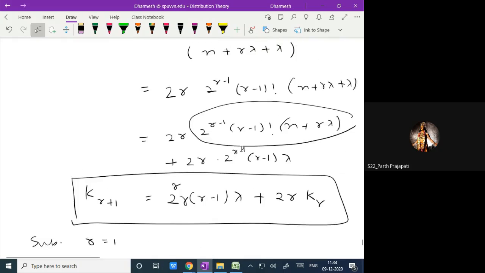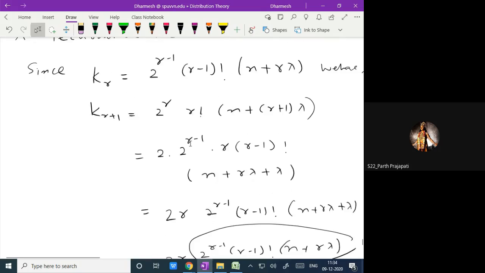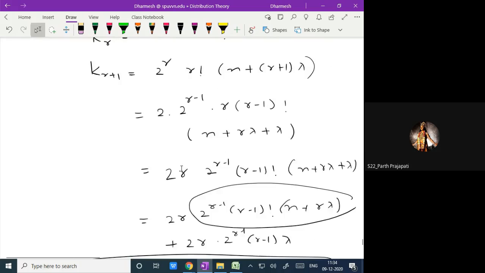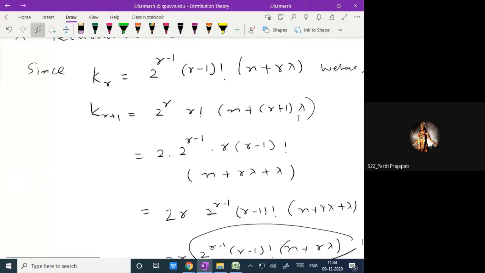Let me check again. Okay, so wherever we have r, we substitute r plus 1, so it is 2 raised to r, and r plus 1 minus 1 is r factorial, and this is n plus r plus 1 lambda.